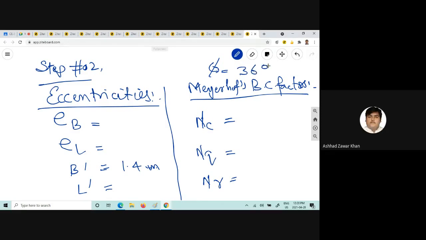Sir, B prime is 1.4, L prime 1.5. EB is equal to 0.2, EL is equal to 0.25.